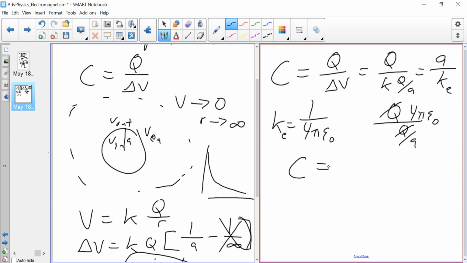So capacitance overall becomes 4 pi epsilon naught times A. So that's another way of expressing the capacitance between two plates.